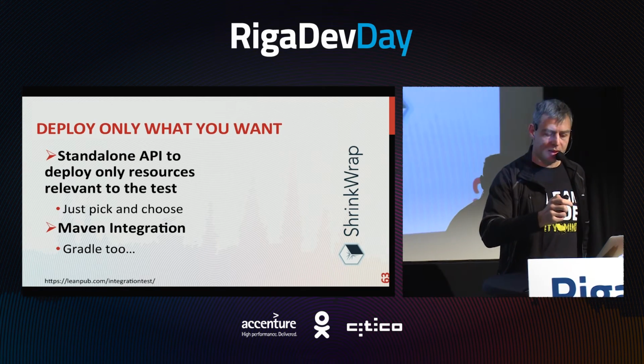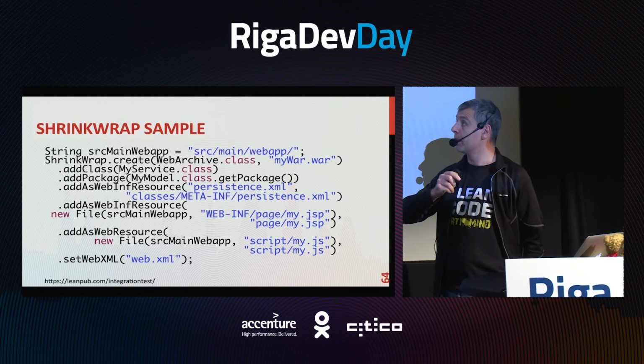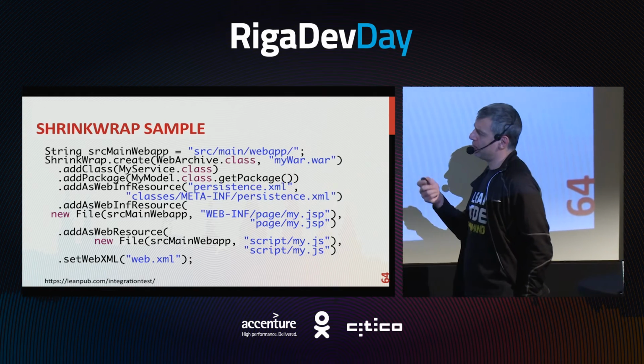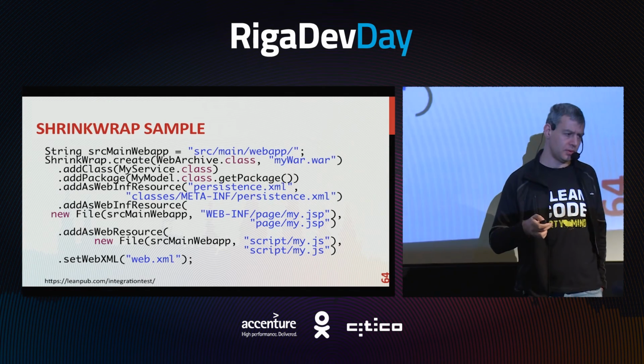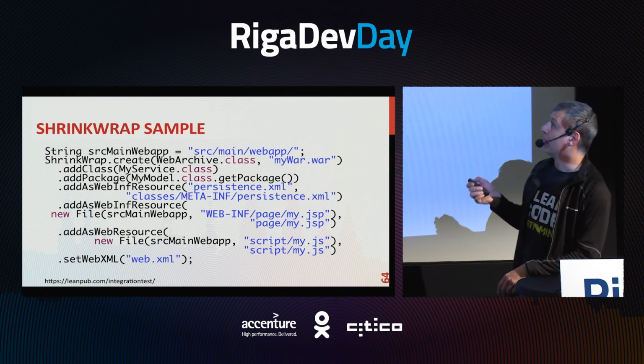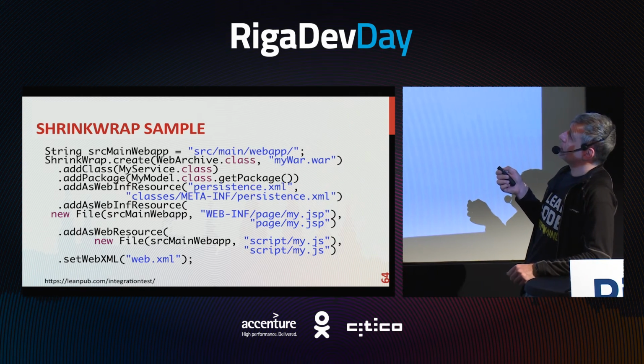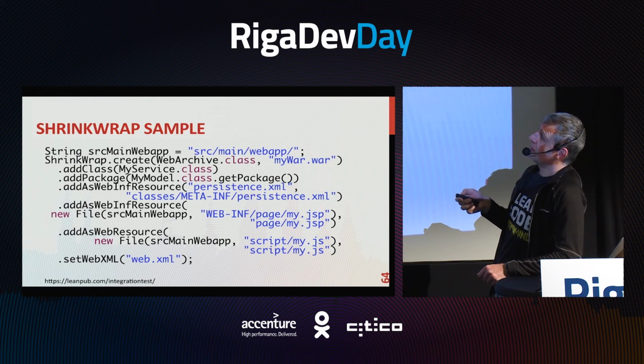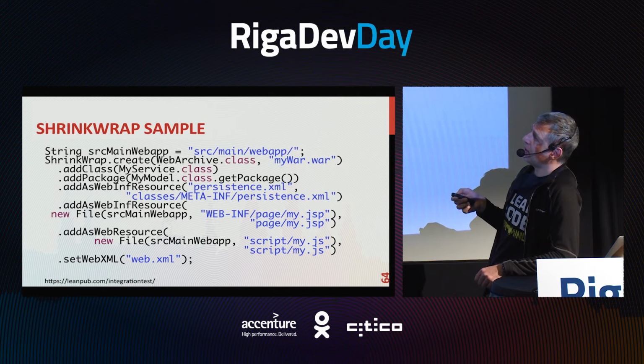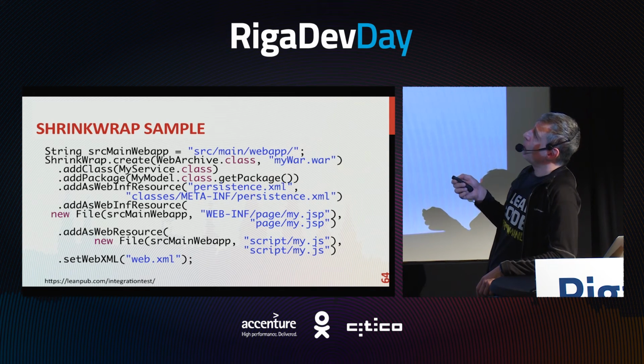So here is a simple snippet. It looks very big, but it's not so big. Here you declare the place where you want to get your resource, and it's a static fluent DSL. So ShrinkWrap is the start. You will create a web archive.